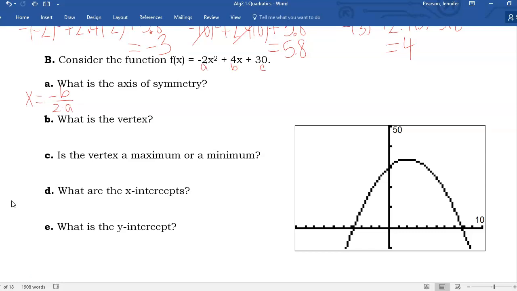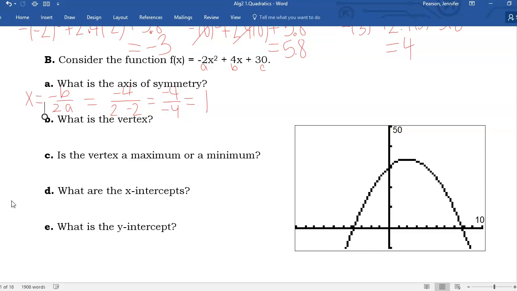A is the number in front of the x squared, b is the number in front of the x, c is the number with no x. So I'm going to substitute in -4 on the top. And on the bottom, I have 2 times -2. So simplifying that a little bit, 2 times -2 on the bottom is -4. Same thing on the top and bottom, we'll divide to give us 1.